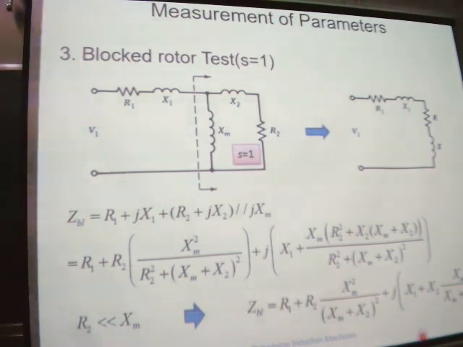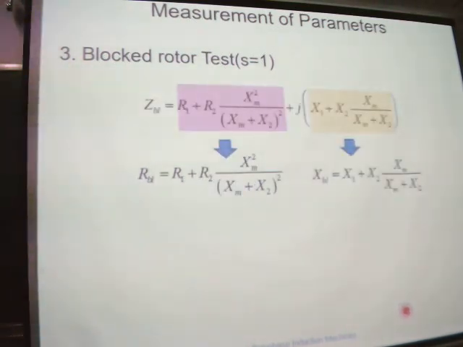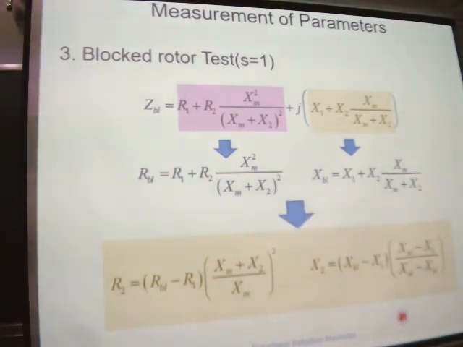This can deduce the value from the outside. And by this equation, we can get an accurate value of the circuit. So use this equation. The Z blocked has the resistance part and the reactance part.